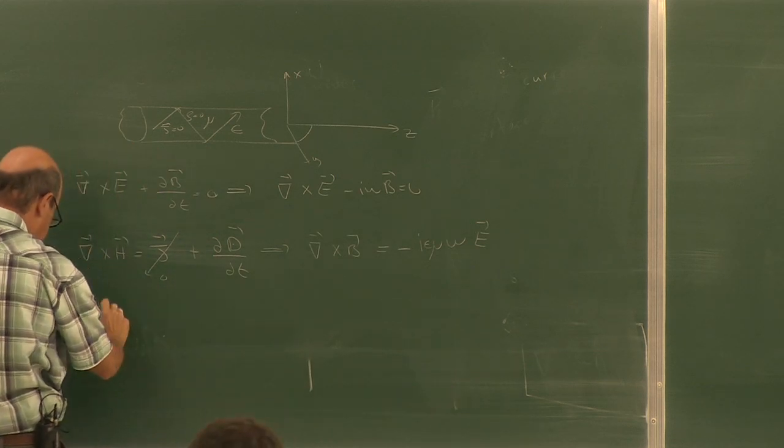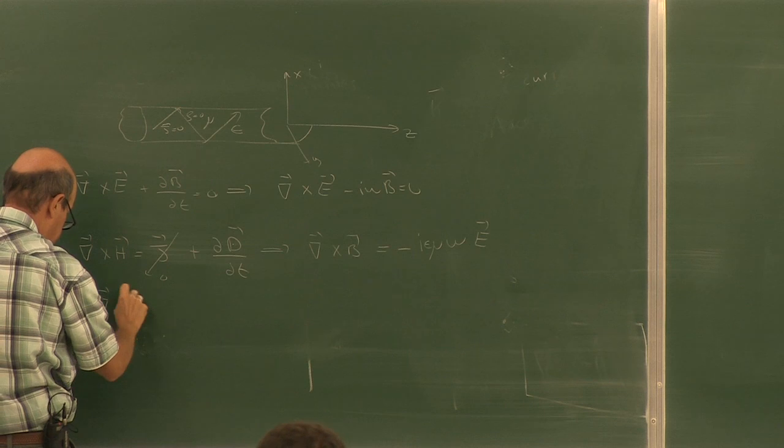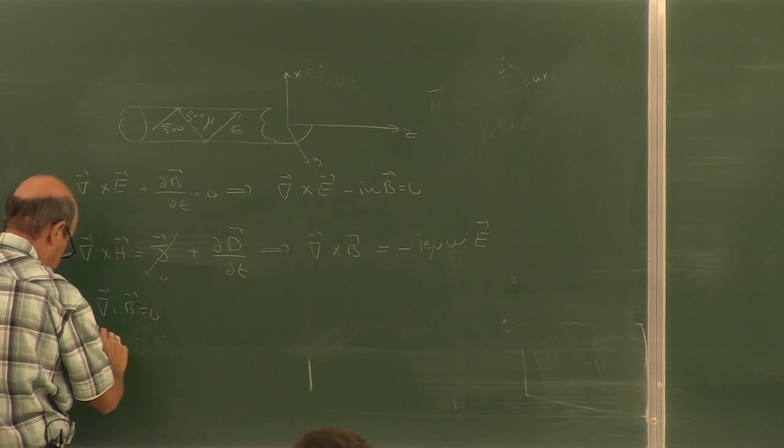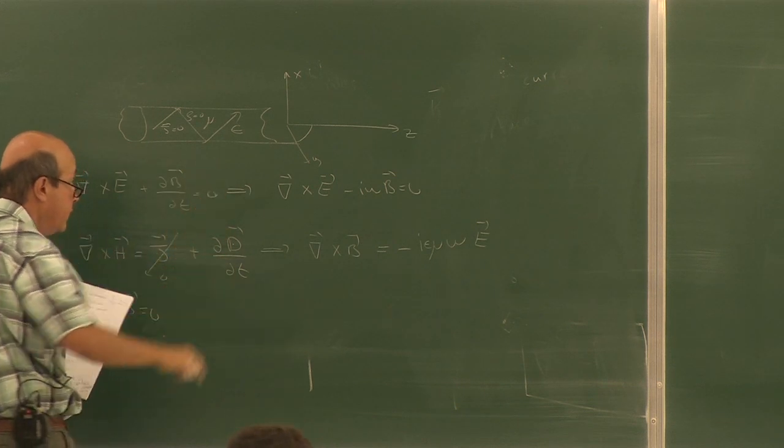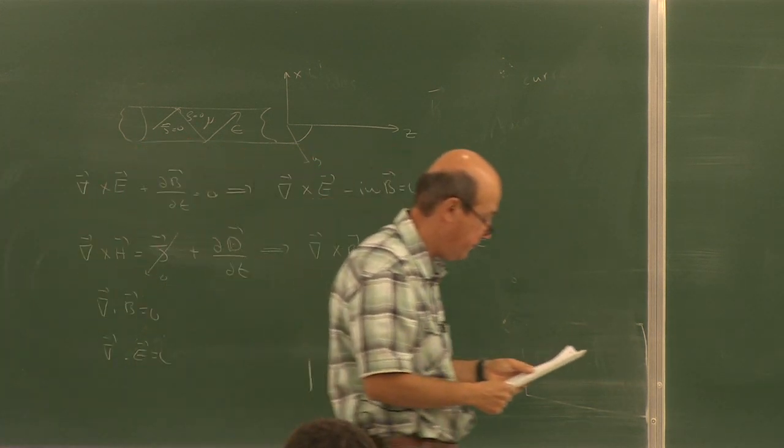The other conditions, del dot B is equal to 0 and del dot E is equal to 0. No charge density and no current density in the waveguide.